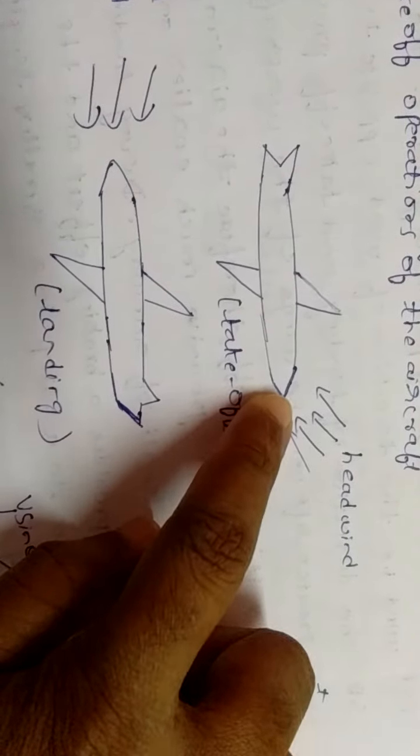This is considered for the takeoff direction. See the direction of the headwind. This is considered for the landing operation. So headwind means it is the wind that is blowing opposite to the nose or the front part of the aircraft. This may be for takeoff and landing operation as well.